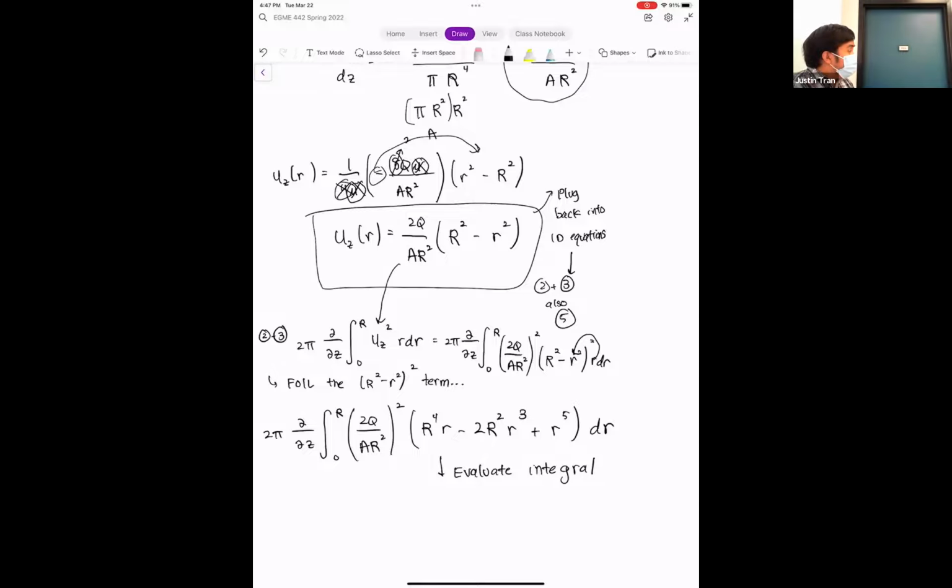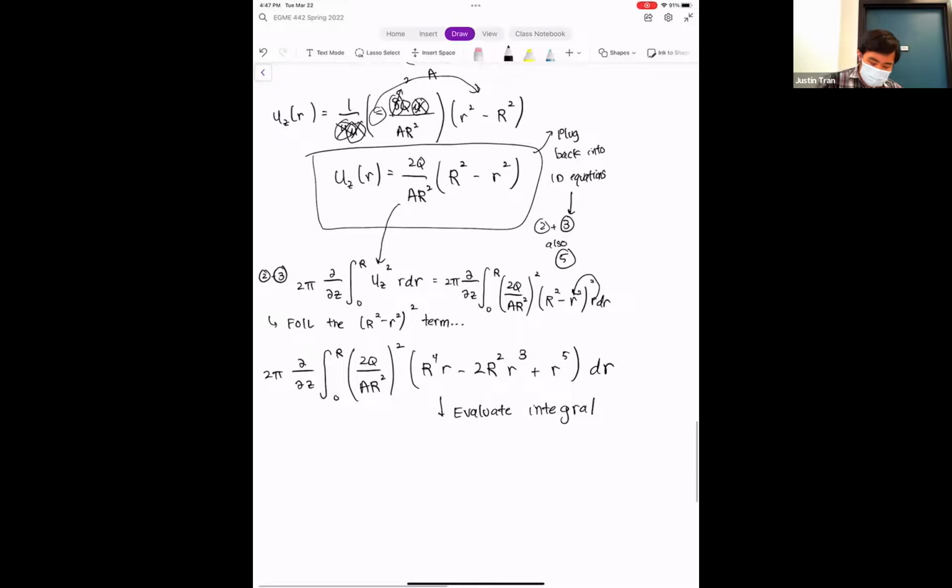Let's go ahead and evaluate this integral. We don't have to worry about the 2q over a r squared because that doesn't depend on little r. If we perform that integral, I'm going to plug in the integration bounds too, because one of them is 0, and that's going to cancel out a lot of the terms.